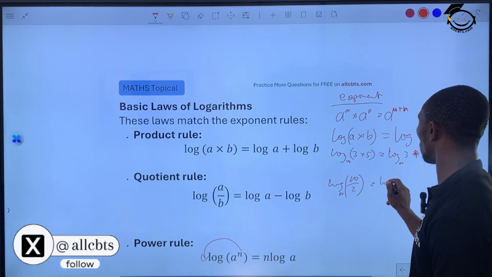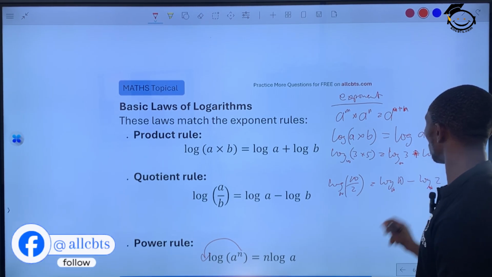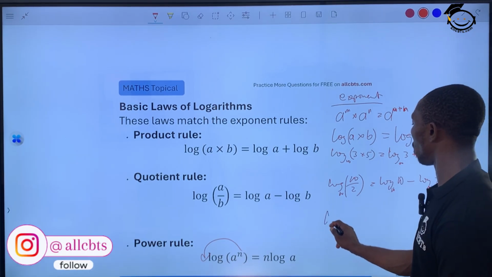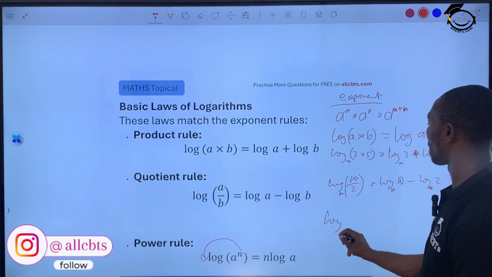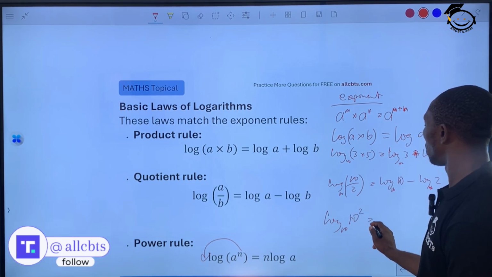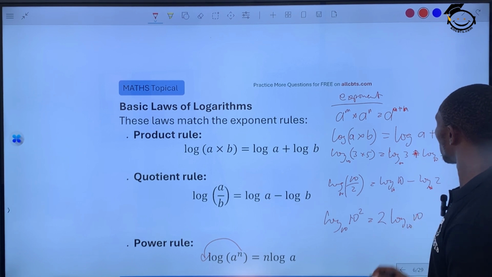That gives us log 10 minus log 2. And for this, if we have log of 10 raised to the power 2, that gives us 2 log 10.